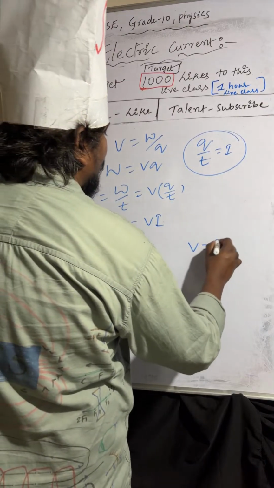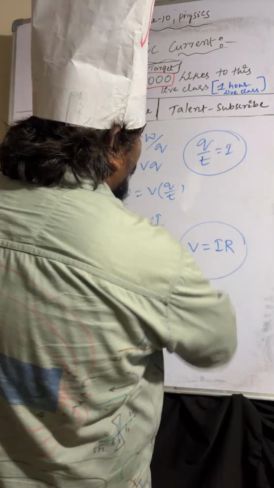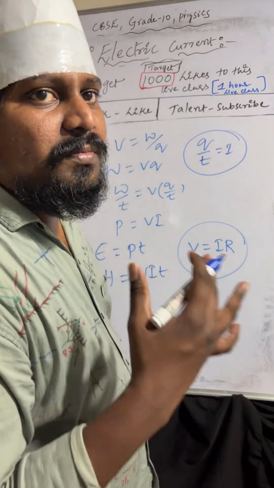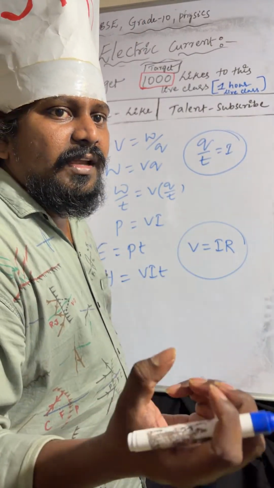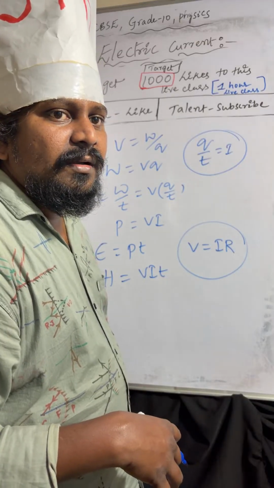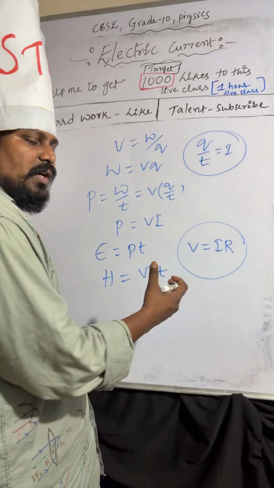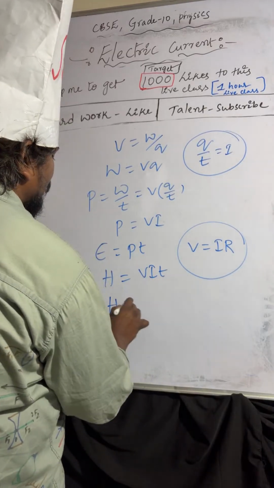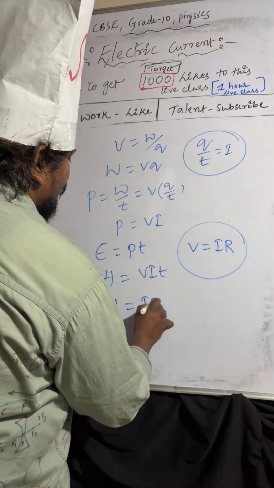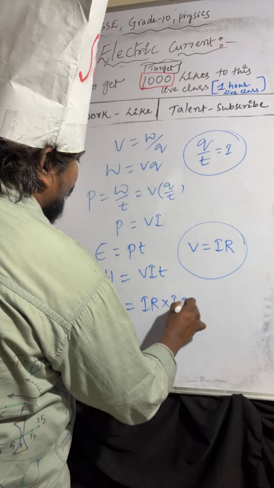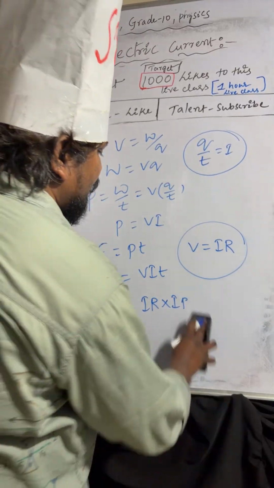So we know V equal to IR from Ohm's law. Understood or not? So that's why we take H equal to IR into I into t.